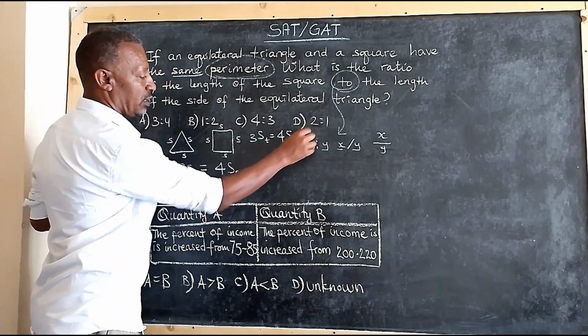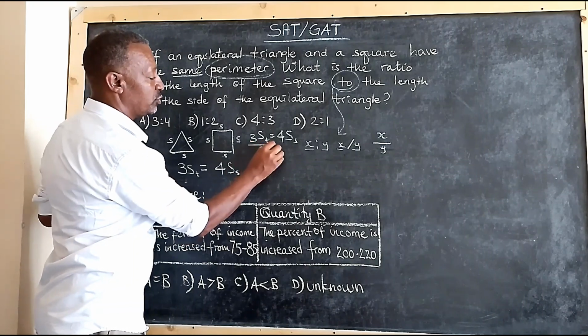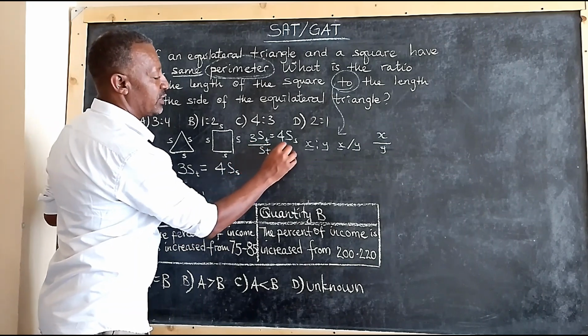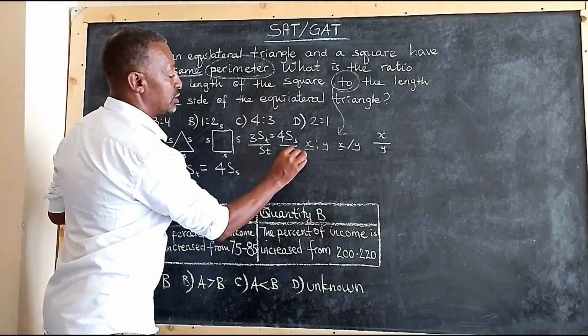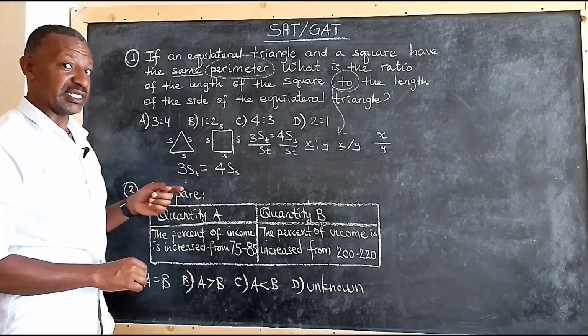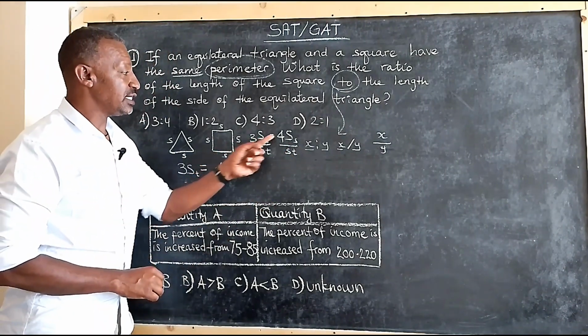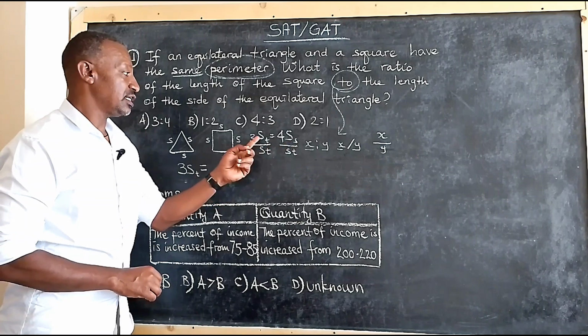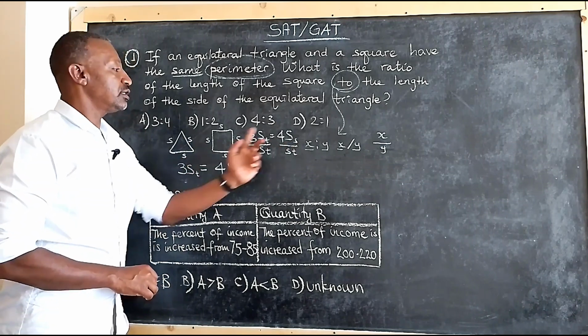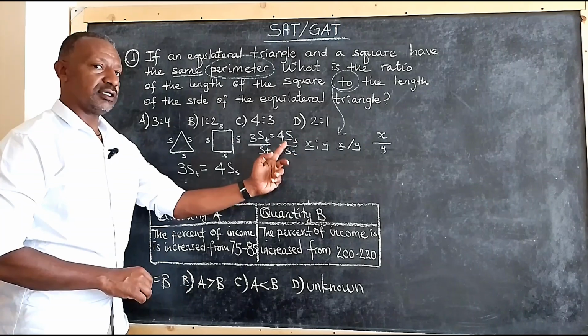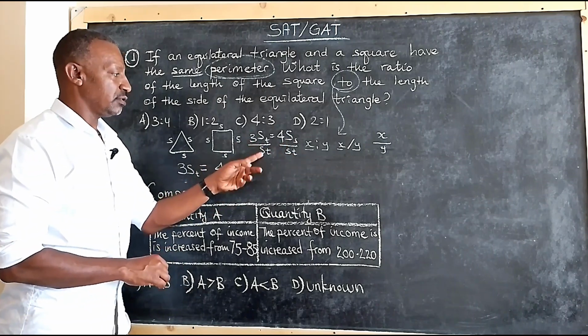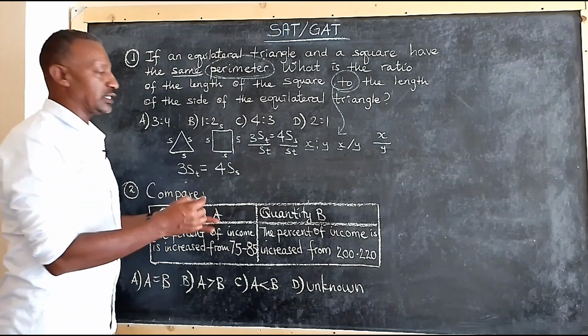They are equal. When you analyze this, we have to eliminate the numbers, not the variables, because the variables are what is needed. The variables are st and ss, the side of the triangle and the side of the square. So we have to eliminate so that we can get the correct answer.